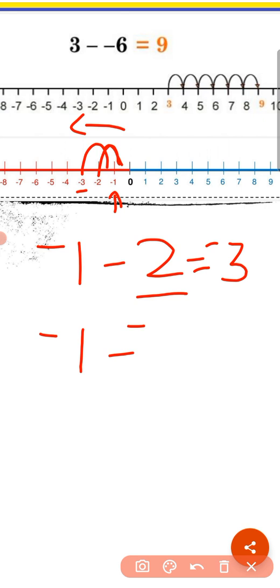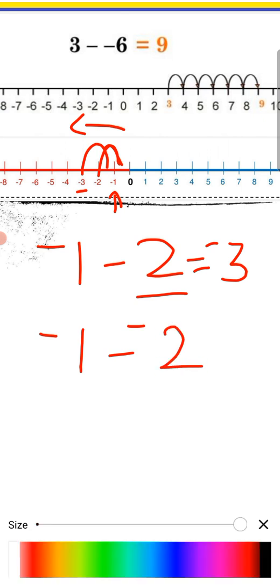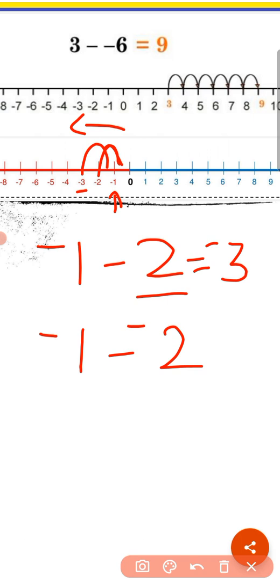Negative 1 minus negative 2. Here we are subtracting a negative number, negative integer. So start from the first number, that is negative 1, and move 2 steps to the right side. So our answer is 1.